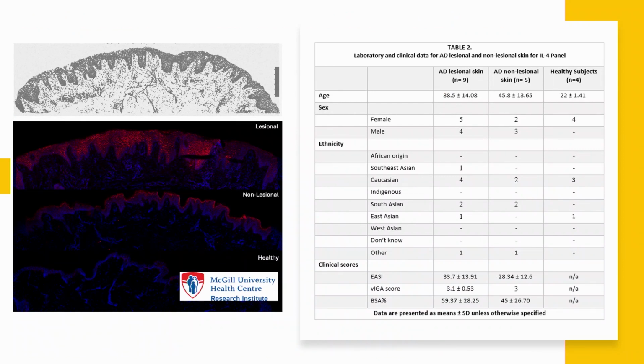And we also can break this down into the epidermal and dermal compartments and quantify each separately. And so this is just the overall study design that we've used, with obviously a limited number of patients here, but also indicating the ethnicities that our patients have come from. And if you look down towards the clinical scores, you can see that we really are working with a severe cohort from what I'm showing you today.